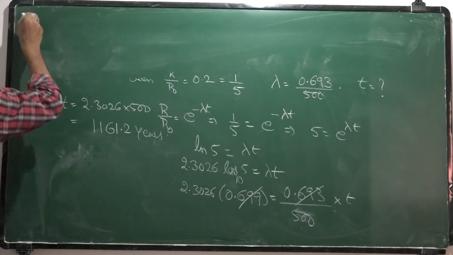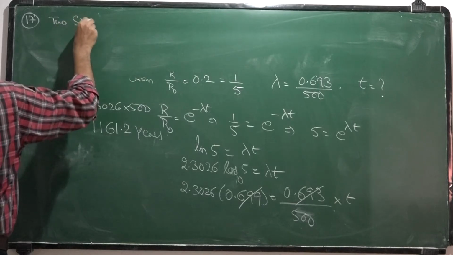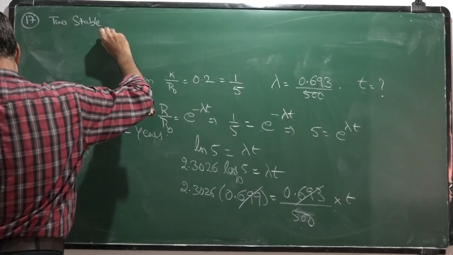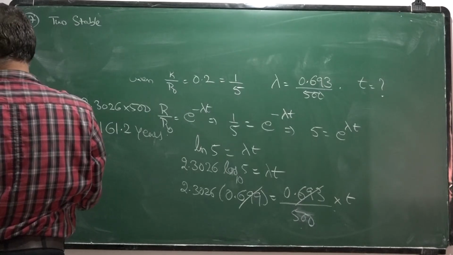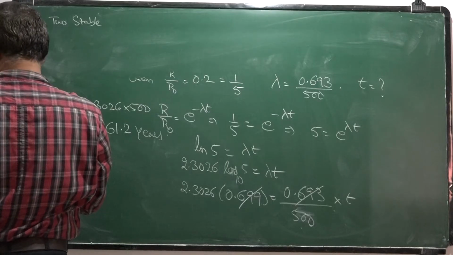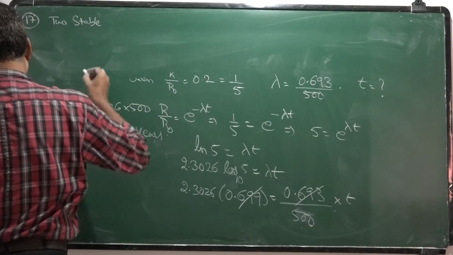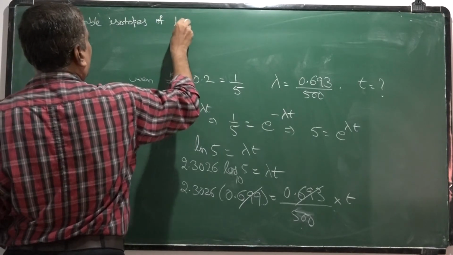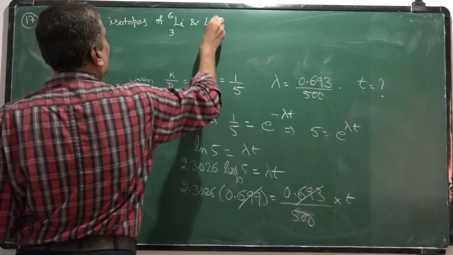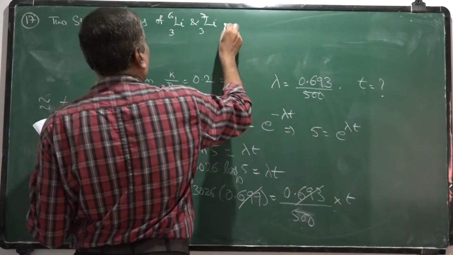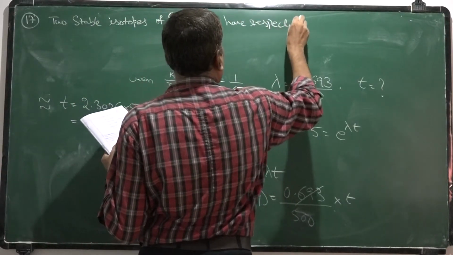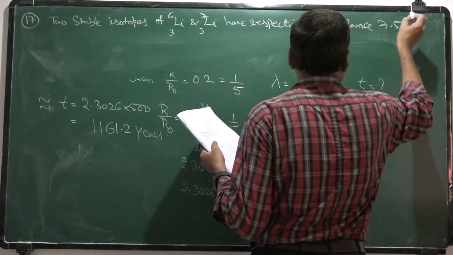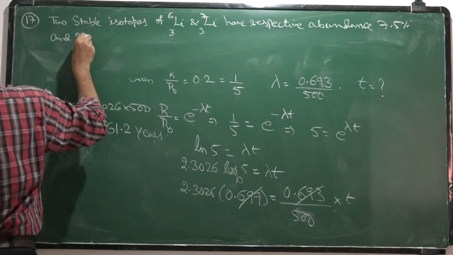Okay, 17th one. Two stable isotopes of lithium, lithium-6 and lithium-7, have respective abundances 7.5% and 92.5%.